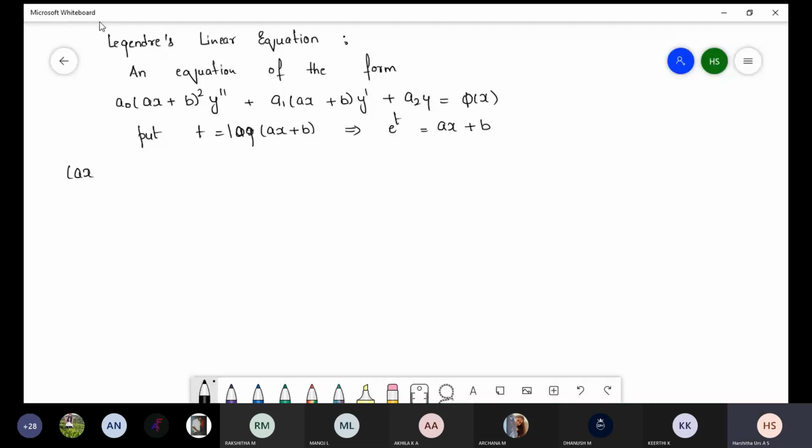See this one properly. For ax plus b, the coefficient of x is a, so it becomes a into D into y for the first order.